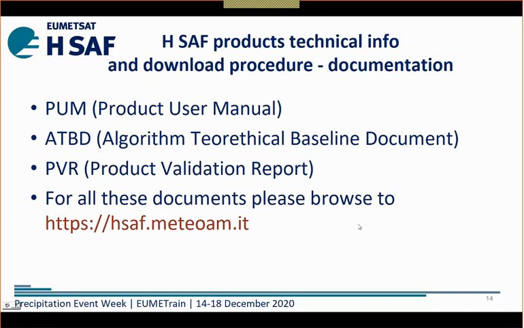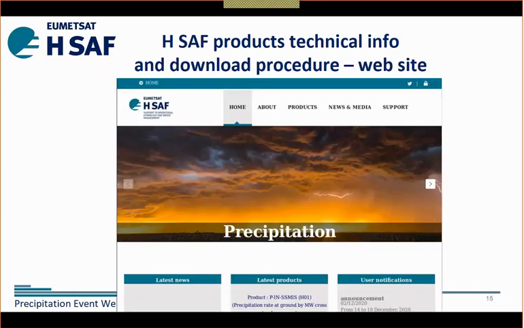This is hsaf.meteoam.it. It is going to change its face, so I show you what is going to work in the next few days. All the following slides will refer to the new format of the site.